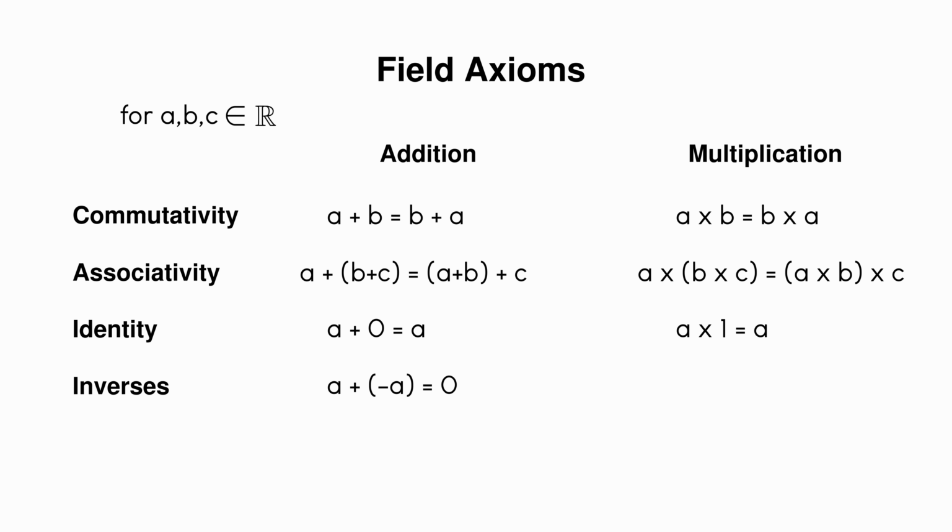Additive inverse states for any real number a, there is another real number -a such that a + (-a) = 0. Similarly, we have the multiplicative inverse that says for any real number a, as long as a is not equal to 0, there is a multiplicative inverse 1/a such that a × 1/a = 1.